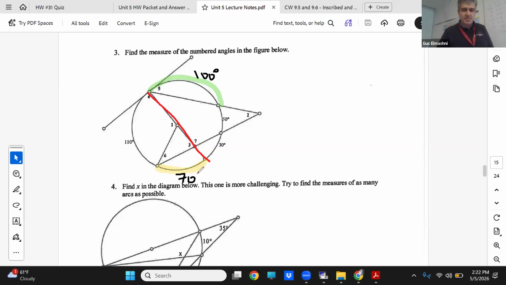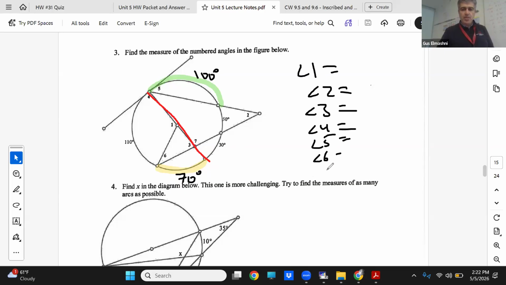Oh, I love it. Okay. So you should be able to figure out the rest. Angle 1, angle 2, angle 3, angle 4, angle 5, angle 6, and angle 7.